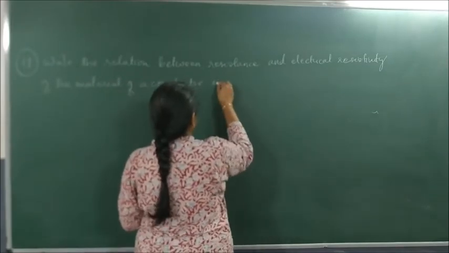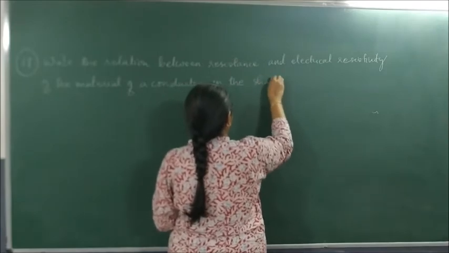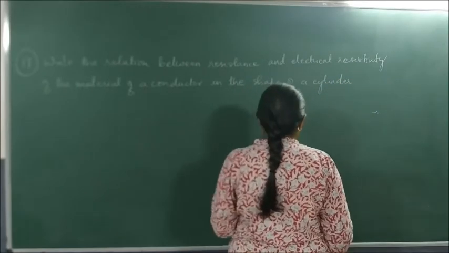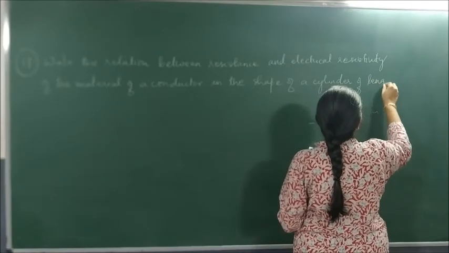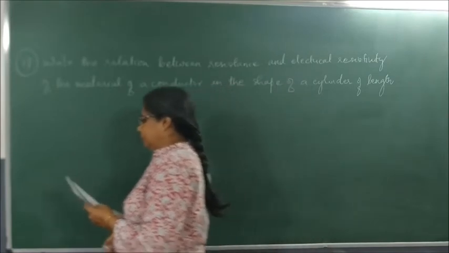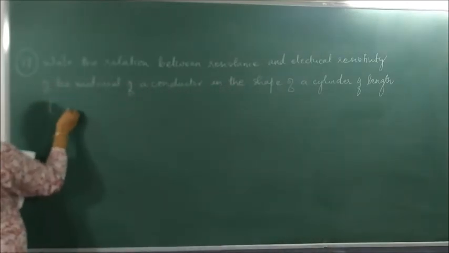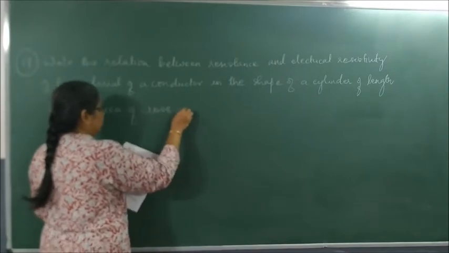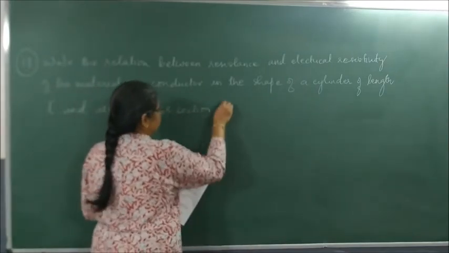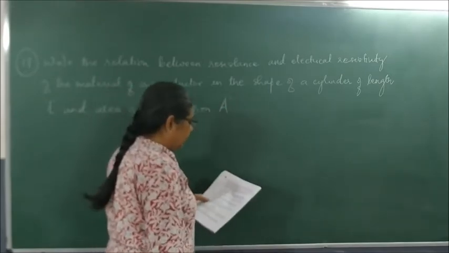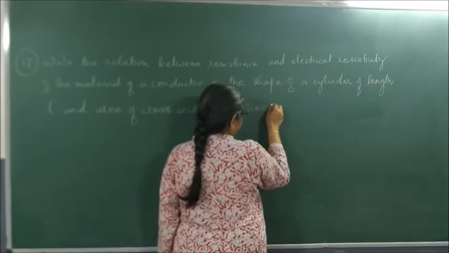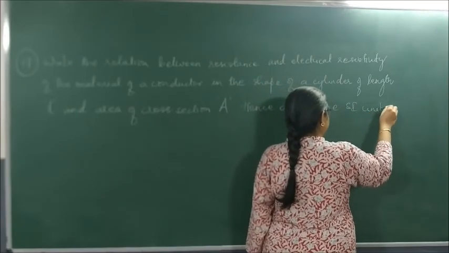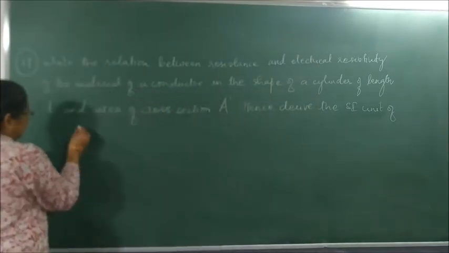in the shape of a cylinder of length L and area of cross section A. Hence derive the SI unit of electrical resistivity.